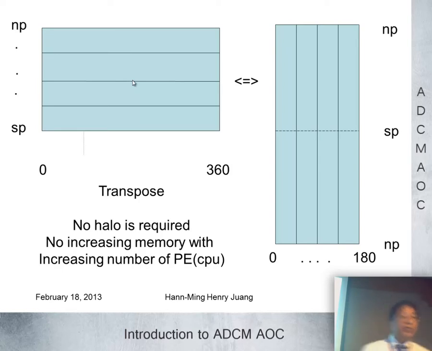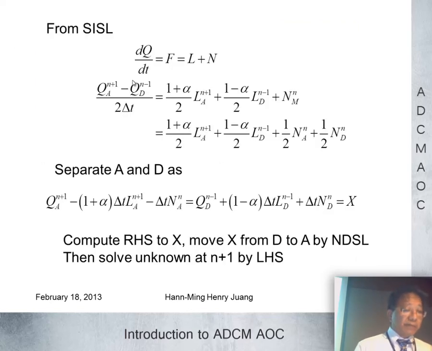For example, this is 4 PEs, and your north pole to south pole can split into 4, and after that you transpose that into this one, so you get another 4. So you solve that in the x direction, and because it's a circle, it's easy to conserve. And then you go north pole, south pole, north pole, so it's also a circle. So there is no halo required for solving semi-Lagrangian in this case.